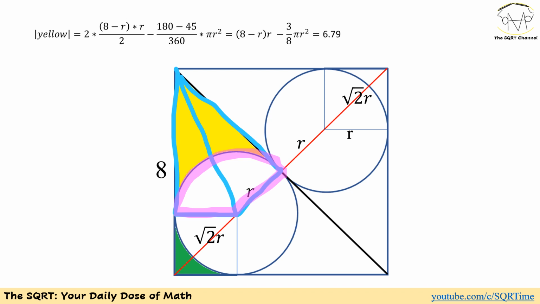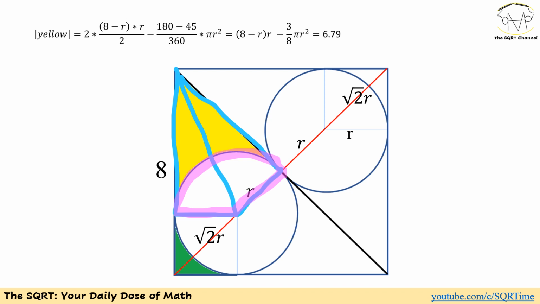Now we are going to focus to find the area that we have here in yellow. To do that, I'm going to focus on the area that is highlighted in light blue. It has two parts. Let's focus on one of them. It's going to be a right triangle.